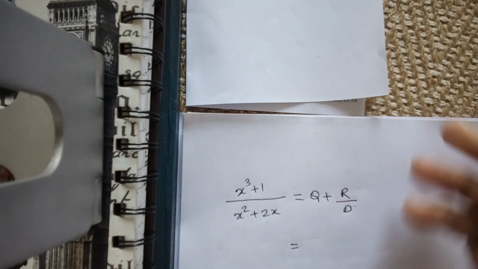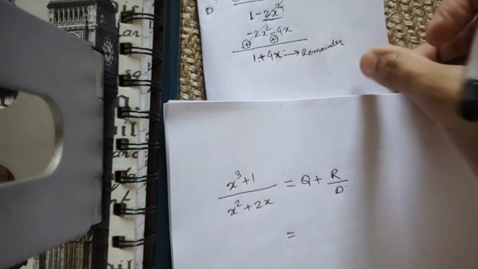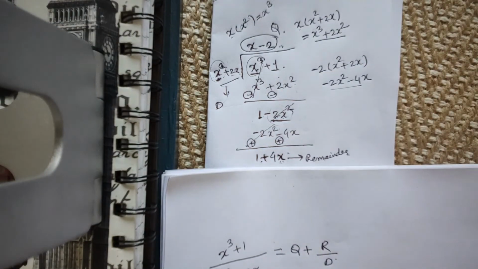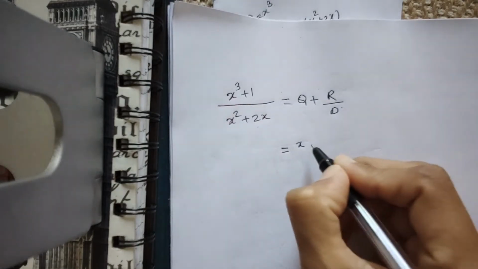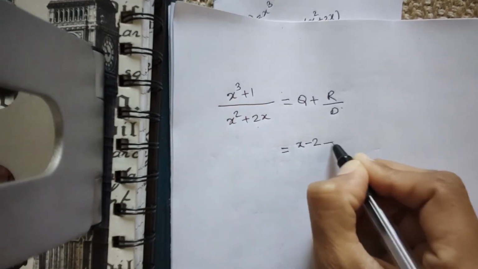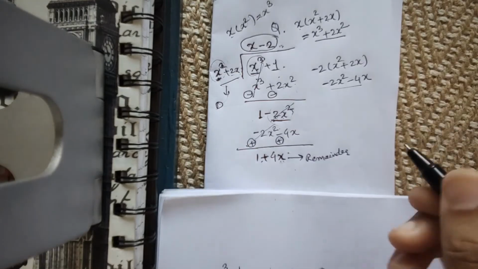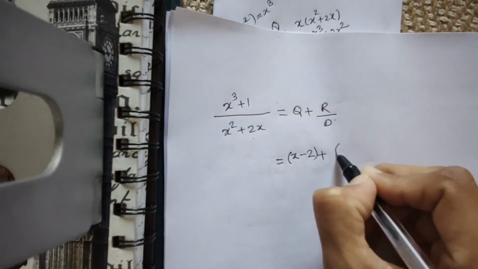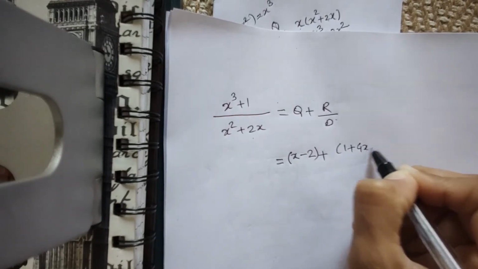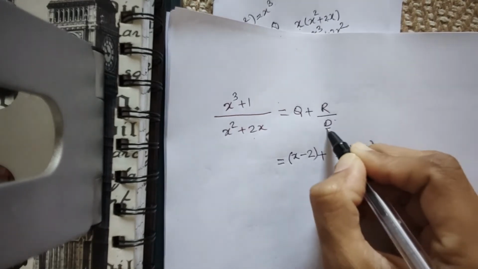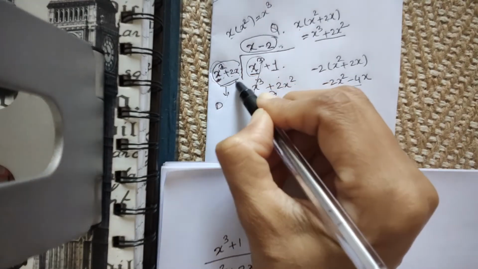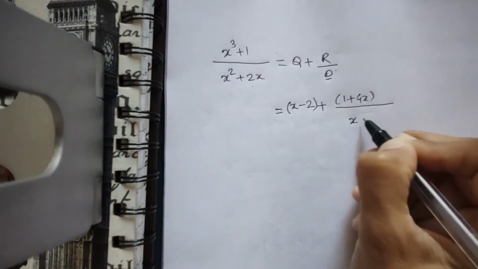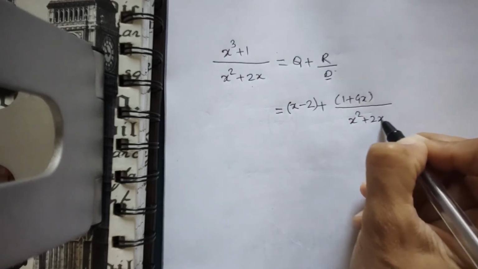So what will I get? The quotient I get here is x minus 2. What is the remainder? This one, 1 plus 4x. So 1 plus 4x divided by the divisor. My divisor is x square plus 2x.